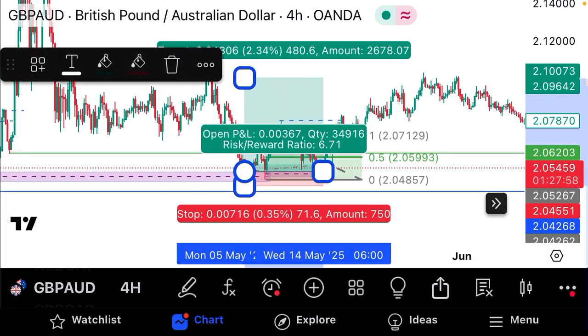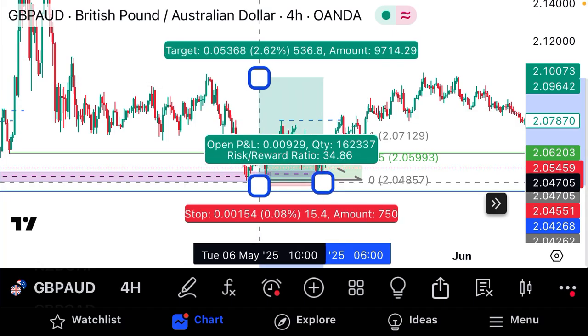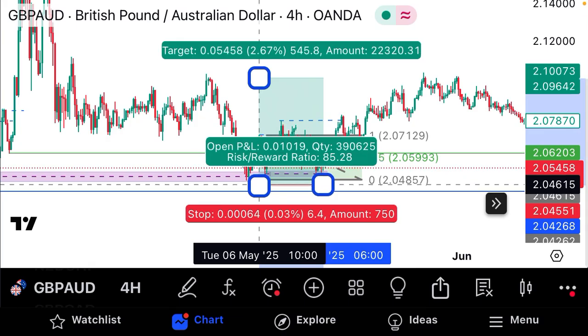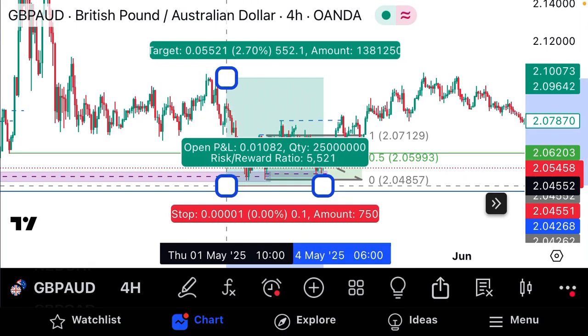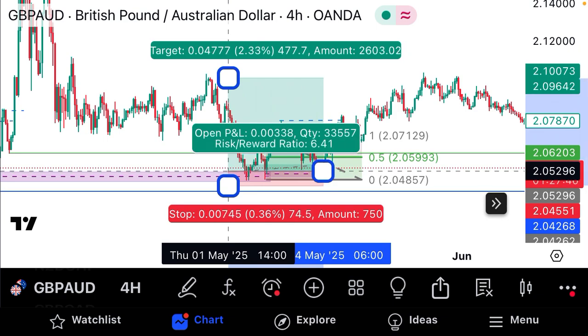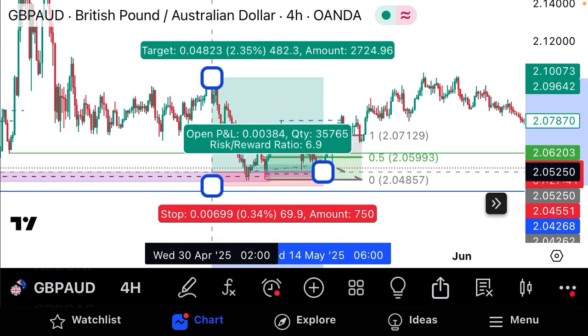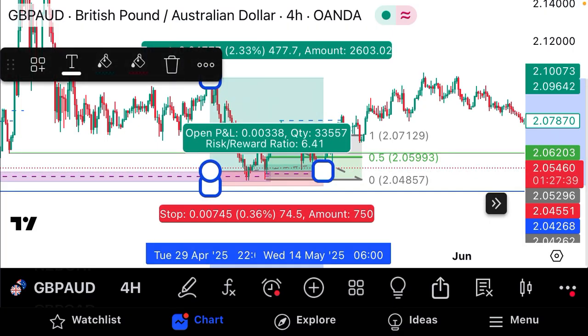So what are you risking? So we are risking here, if you want to.